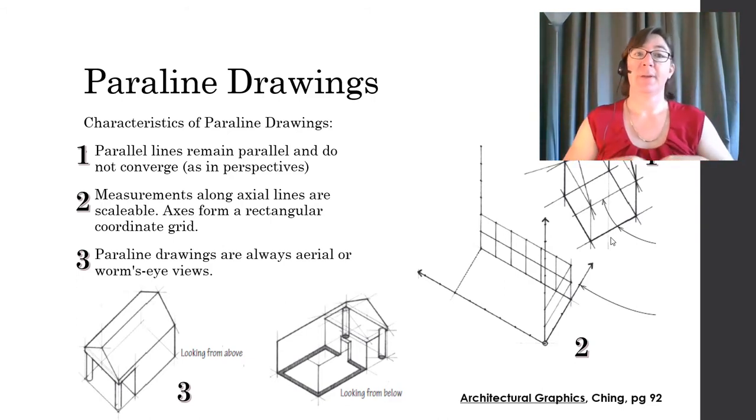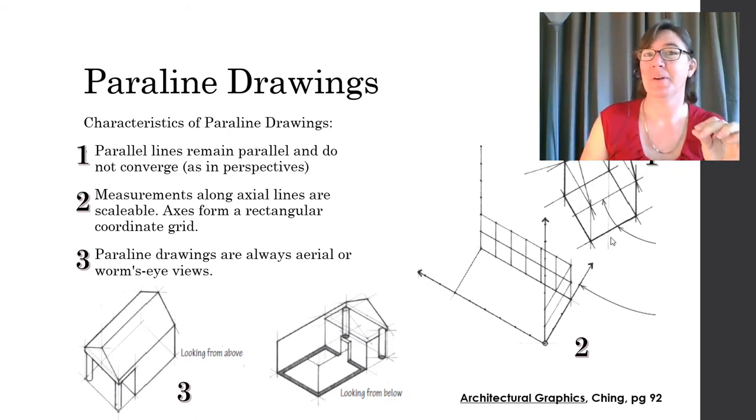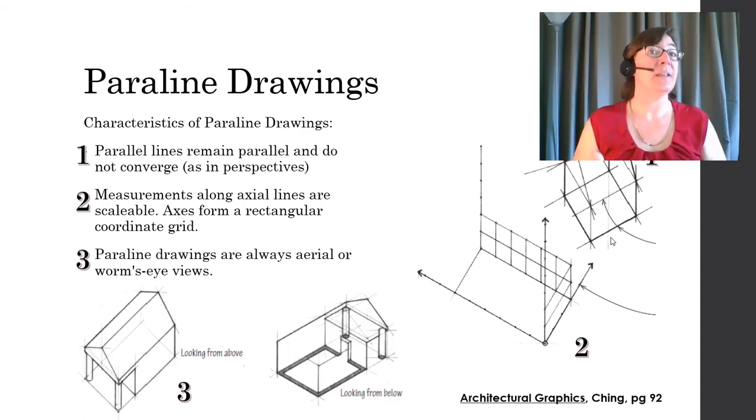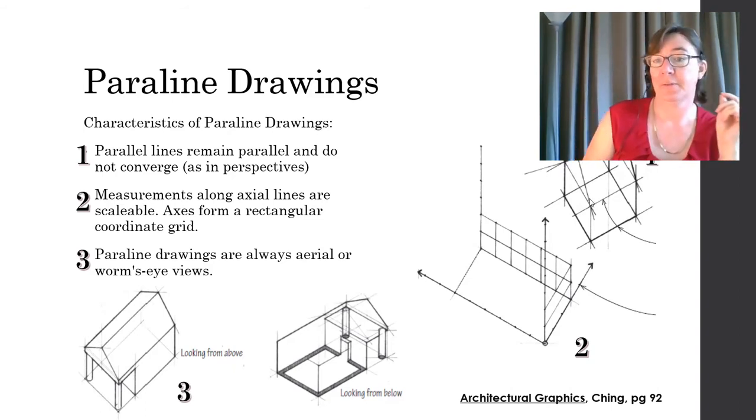Second, measurements along your axial lines, X, Y, and Z, are scalable and measurable. All right, this is super important for ease of constructing these drawings and also for interpretation of the drawings. And so here's a demonstration right here, an illustration.